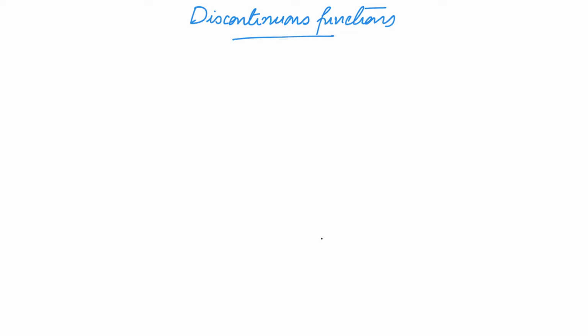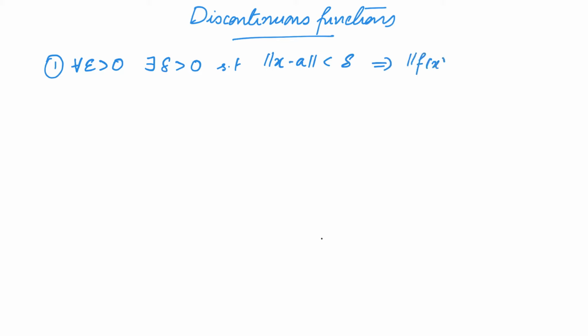And we have so far two different definitions of continuity. The first is the epsilon delta definition, which states that given any epsilon greater than 0, there exists some delta greater than 0 such that norm of x minus a is less than delta implies that norm of f of x minus f of a is less than epsilon.